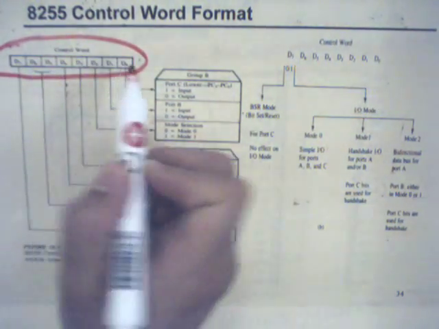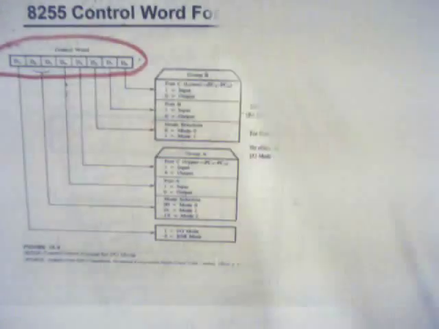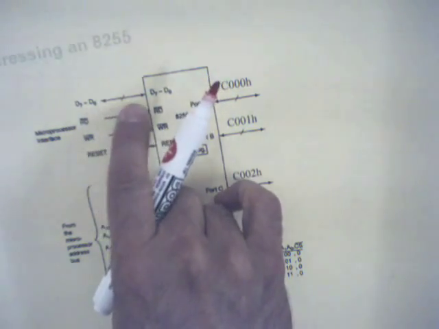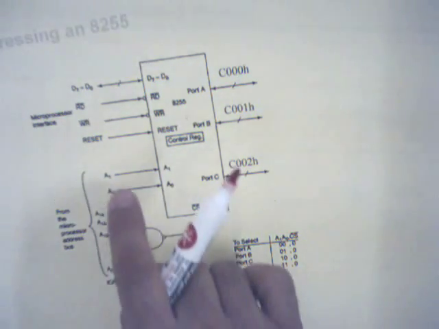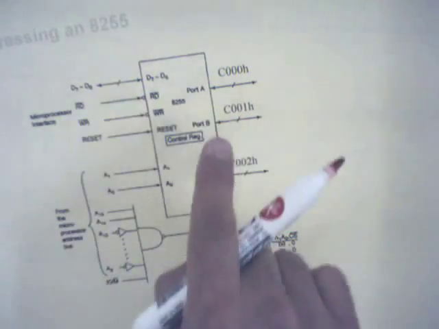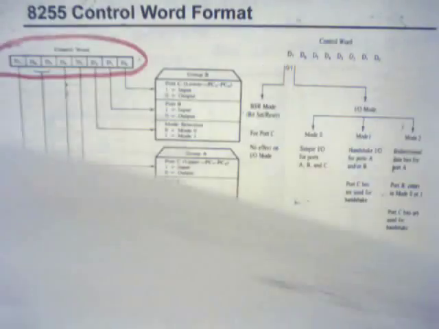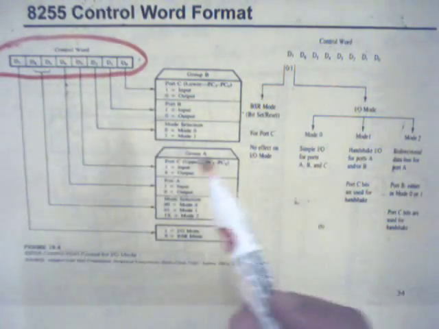The control word is transferred to the chip through these 8 data bus lines, and the address pins are selected, and these pins A0 and A1 are set to 1, and control register is accessed, and data is written on that register at specific microprocessor timing signal.